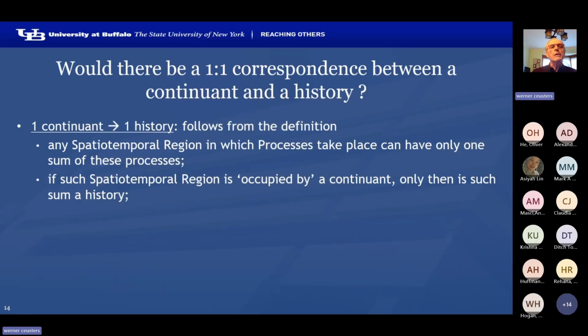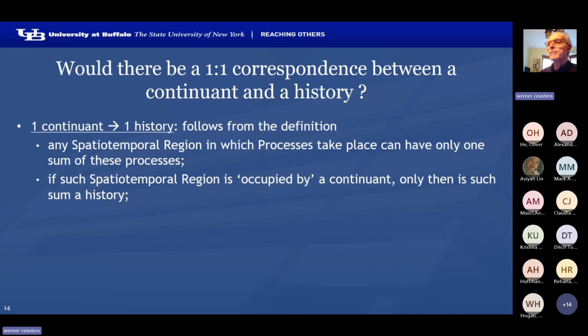Now, you could also ask yourself the question, would there be a one-to-one correspondence between a continuant in general and a history? Now, one-to-one correspondence has two sides. So if there is one continuant, would there be one history for that continuant? Well, that follows from the definition. Any spatio-temporal region in which processes take place can have only one sum of those processes.